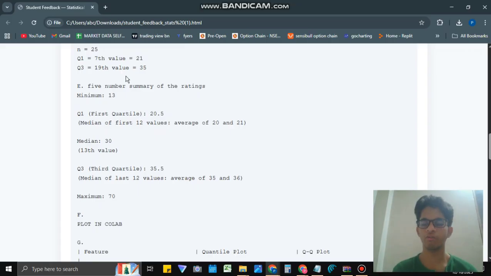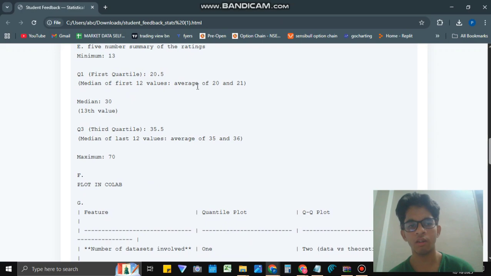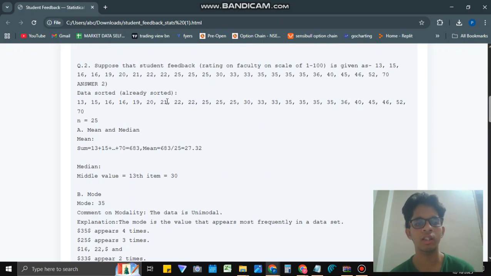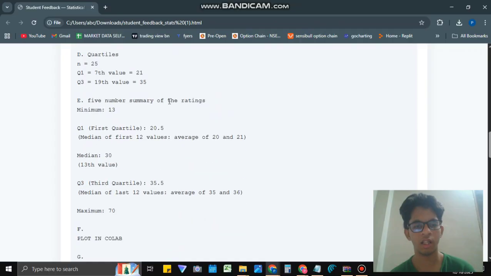Now the next question is about the 5 number summary rating. The first one is the minimum number, which is 13. The first quartile is the median of the first 12 values, which is 20.5, calculated as the average of 20 and 21. We can see it in the data as well.